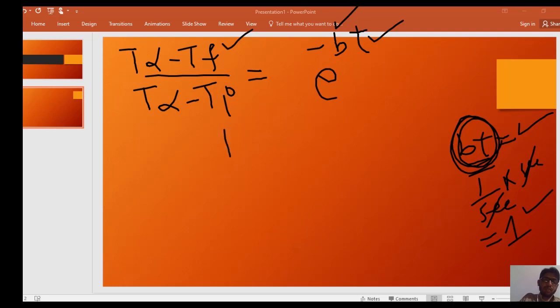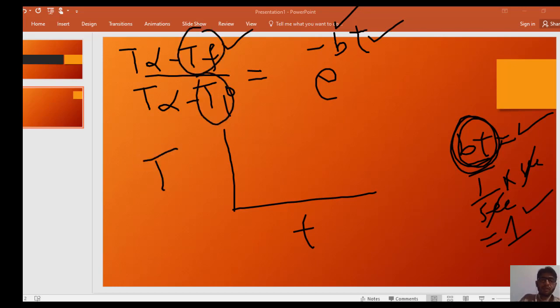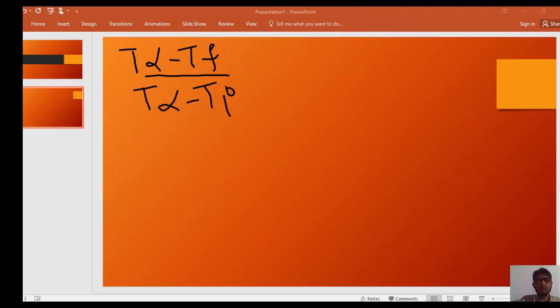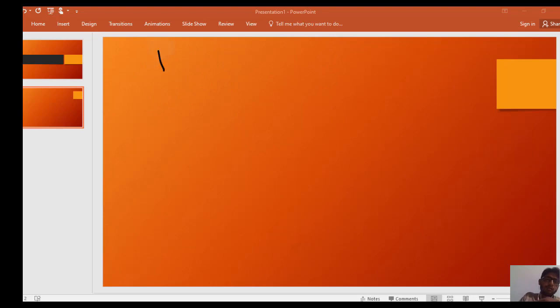Now if we increase the value of B, suppose we plot the temperature with the passage of time, we will get this type of relation. Suppose this is equation number 3. We can also write equation number 3 in the following way: T infinity minus T, where T is the temperature at any time.